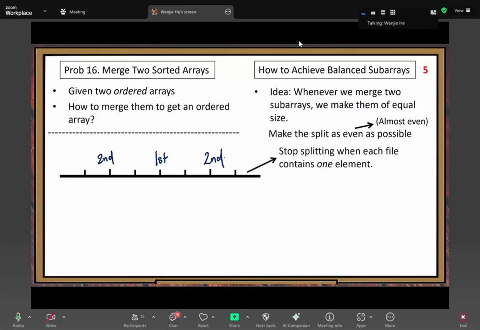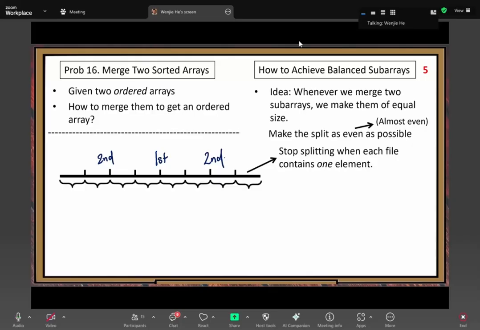Keep doing this. Stop splitting when each subarray contains one element. That's the end. One element you cannot split. Two elements you can split another time, but one you have to stop.